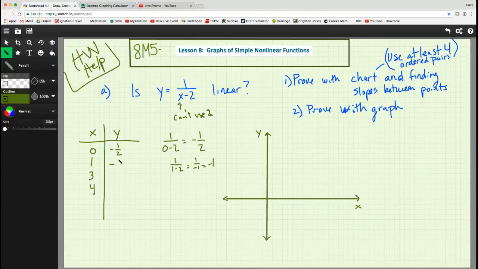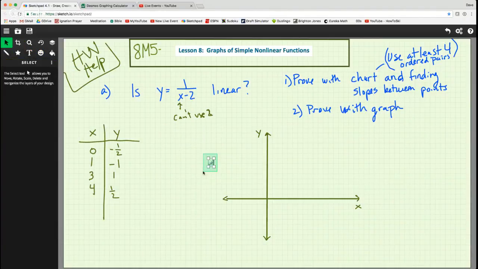So this is negative 1. 3, let's see. 1 over 3 minus 2 equals 1 over 1. That's 1. And then 1 over 4 minus 2 equals 1/2. Yeah, 1/2.